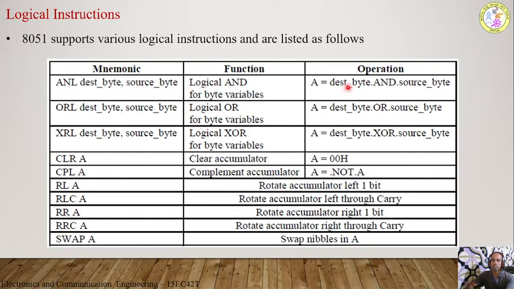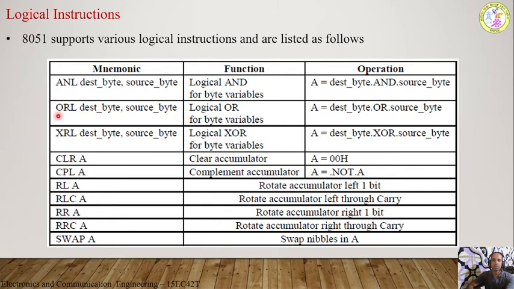So A is equal to destination byte AND source byte. These two bytes will be ANDed together and the final result will again be stored in the destination register, the accumulator register. Usually for all the logical operations, the destination register is always the accumulator register where the result will be stored.